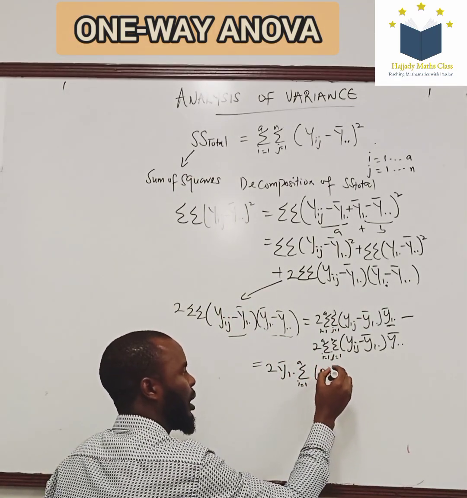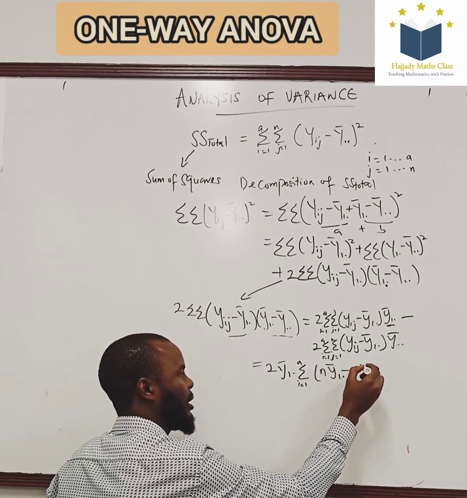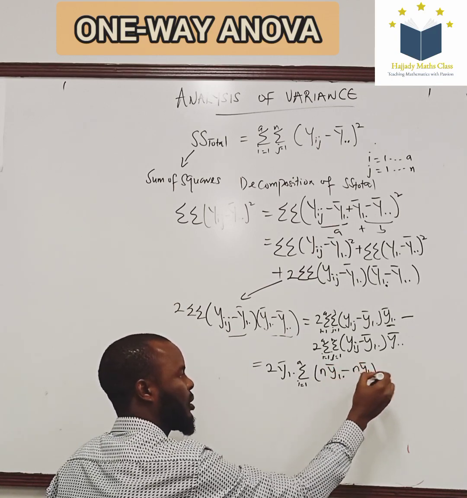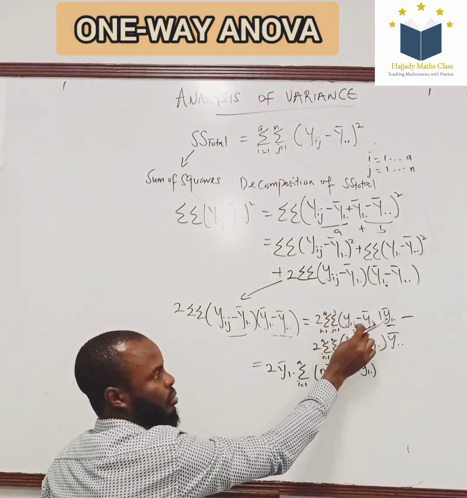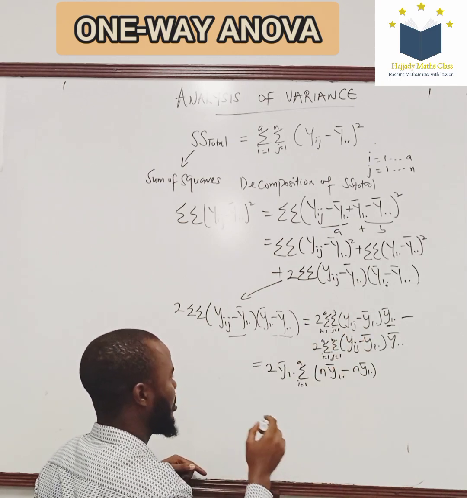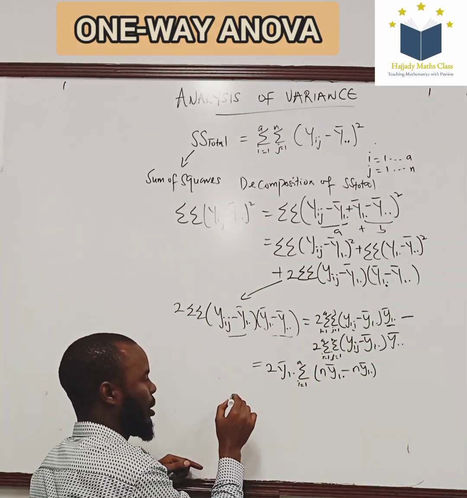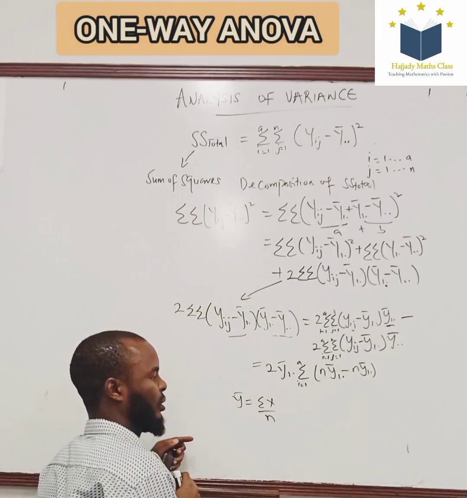We are adding n yi dot bar minus n yi dot bar for this. Okay? When you take this sum to go in here, you have the same thing as this. Don't forget that mathematically y bar is the same thing as summation x over n, right?